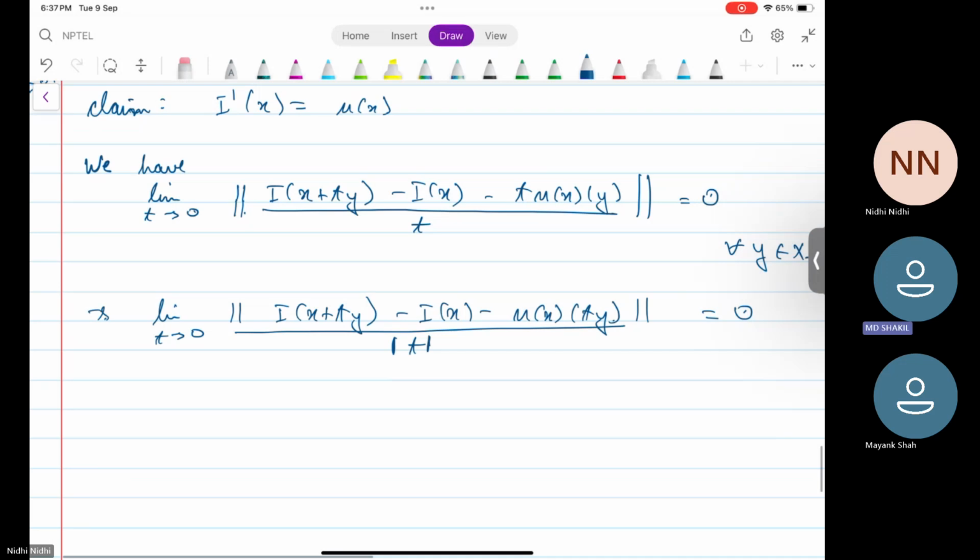So from here we can say that its derivative at x is ux.